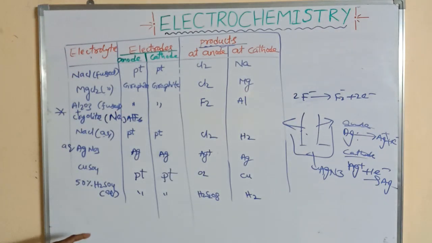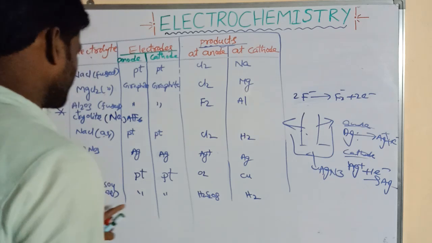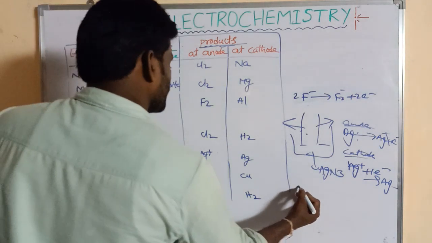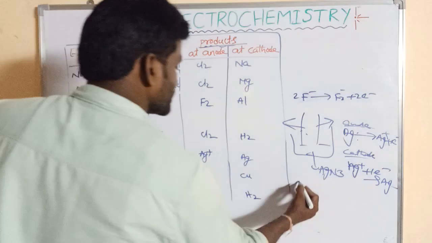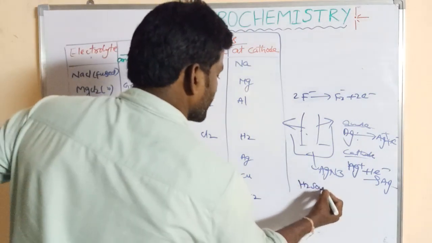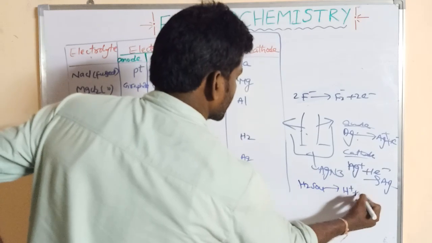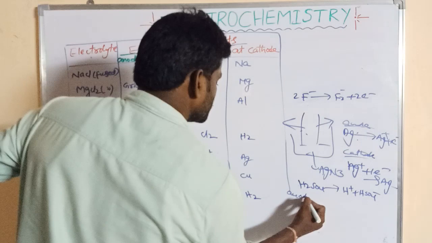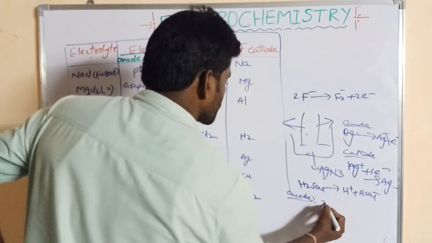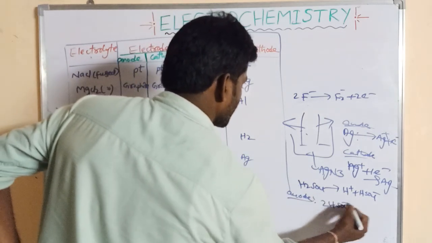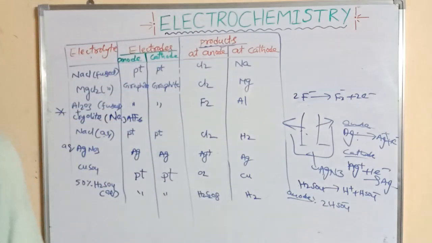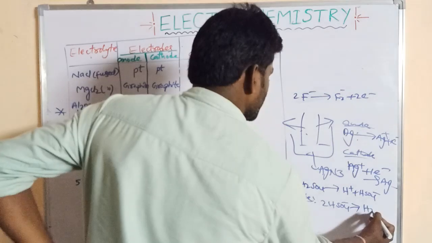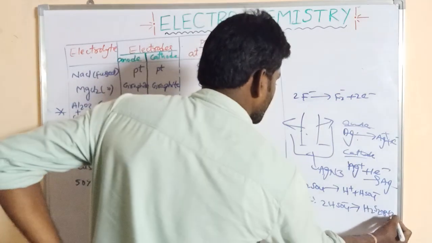Similarly, this also. Okay, here H2SO4 is ionized to H plus and HSO4 minus. At anode, 2HSO4 minus gives rise to H2S2O8 plus 2 electrons.